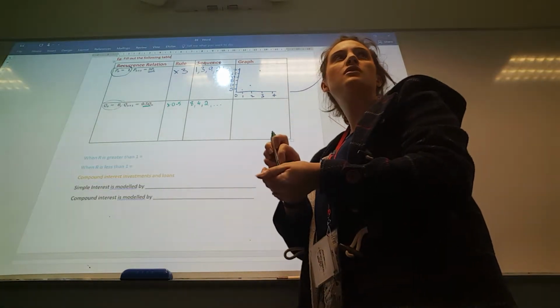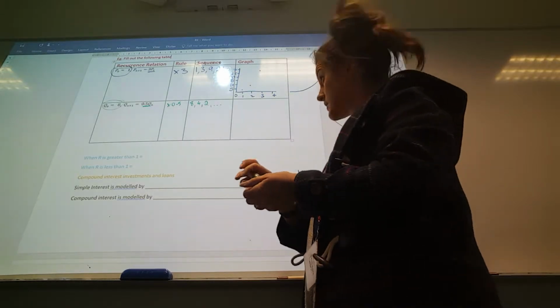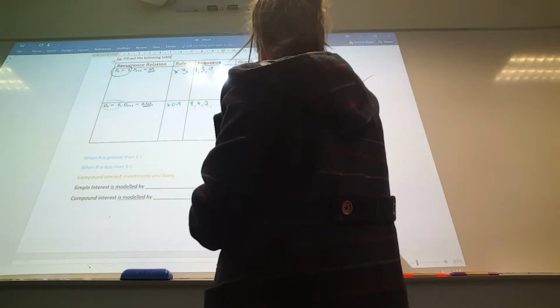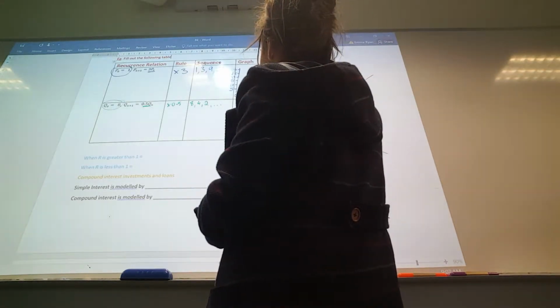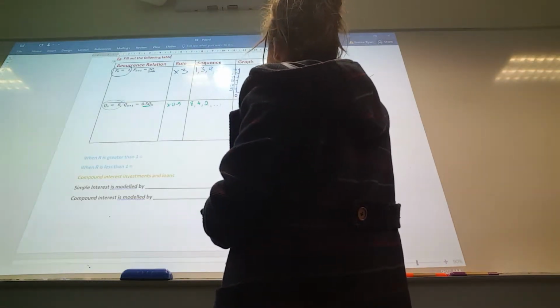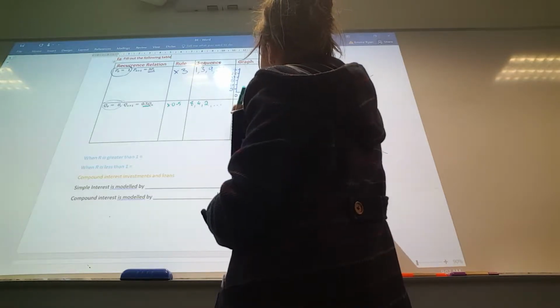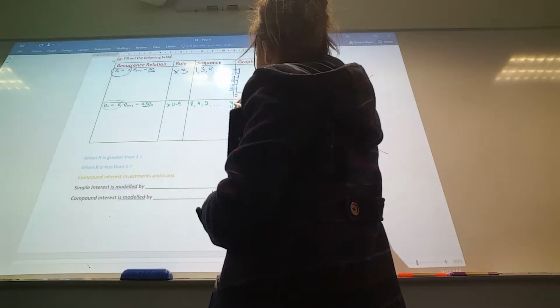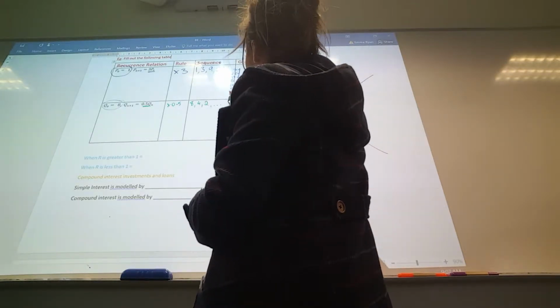Any questions? Will it always be a curve? Yes, for geometric, yes. So, same thing. Oops, that wasn't a very good scale.